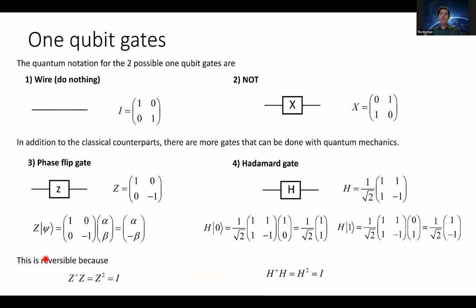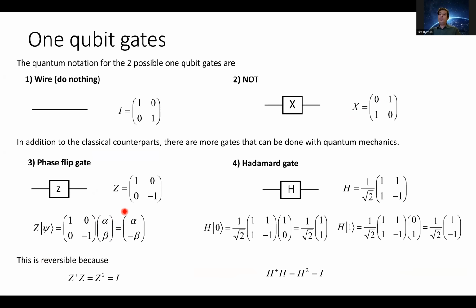But actually there are a few more types of gates. For example, this Z gate is another example of a gate, and in fact also the Y gate. Remember, we've been talking about this X gate, Y gate, Z gate. These 3 are all valid gates because they're all unitary operations.